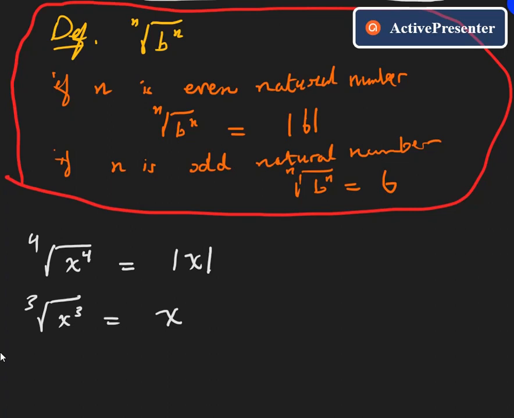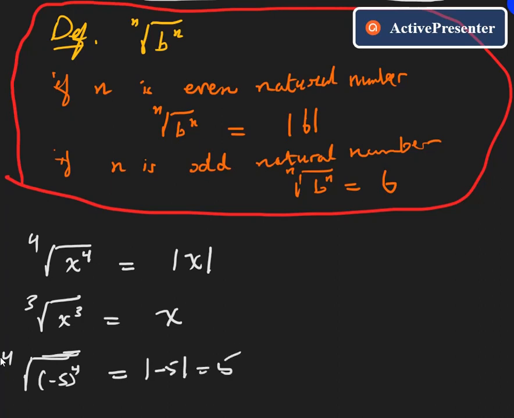If I tell you the fourth root of minus 5 to the power 4, this is equal to the absolute value of minus 5, which is equal to 5.